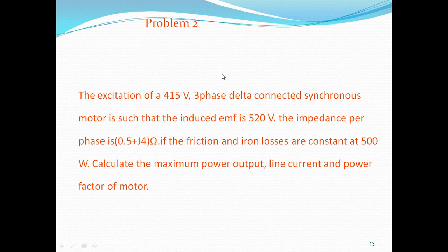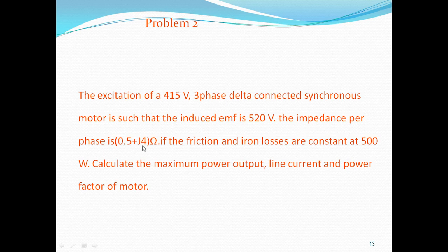Guess anyone? Yes, you are right. It is leading power factor. Why? Because EB 520 is greater than 415, that is, EB is greater than V. So it is leading power factor.